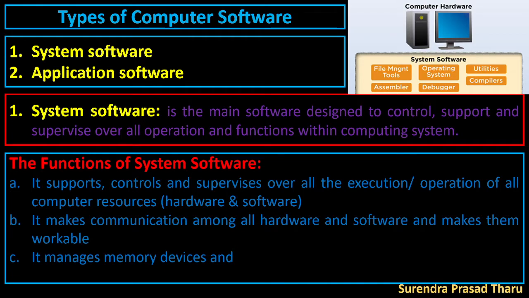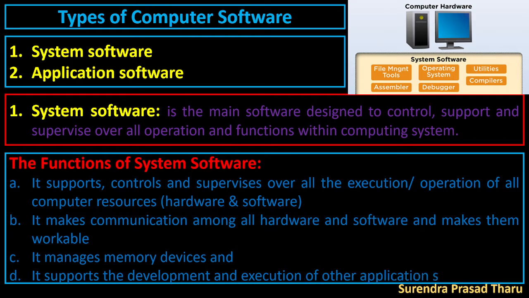It also manages the different devices, like memory management and input output management. That is done by system software. It also supports the development and execution of other application software. These are the functions of system software.